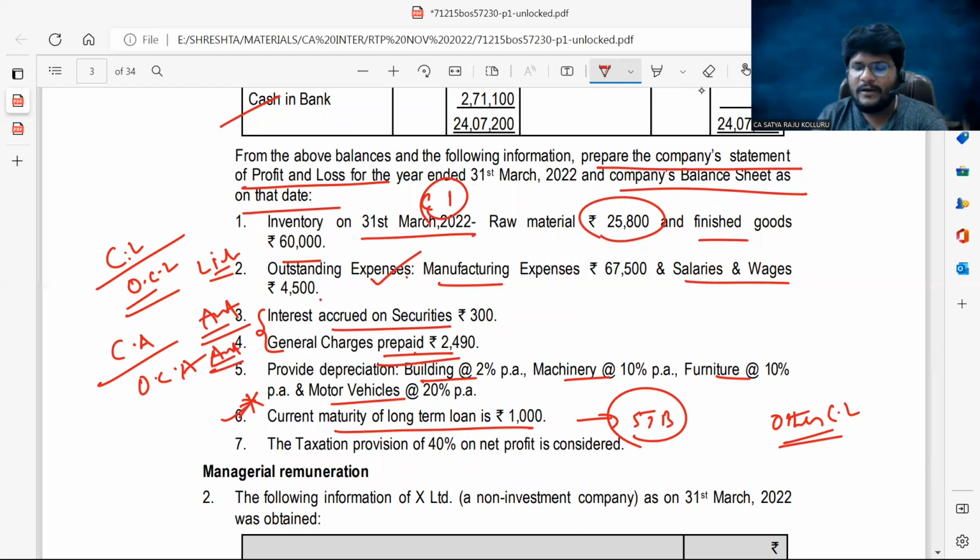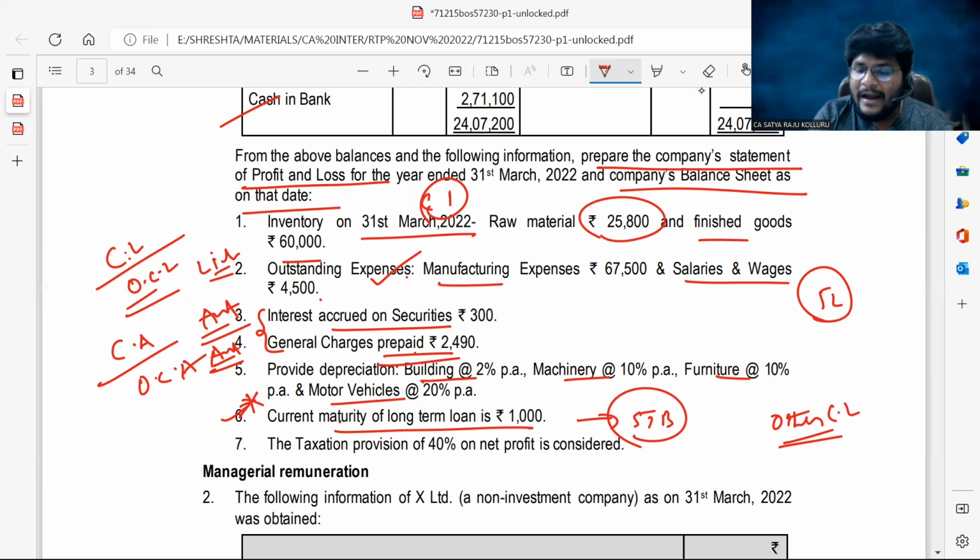What is this all about, sir? The clear-cut explanation was already given by me. Current maturity of the long-term loan means, for example, if you issued debentures for 5 lakhs, out of such 5 lakhs, 50% you are going to redeem after 2 years, let us assume, and the remaining portion you are going to redeem after 4 years.